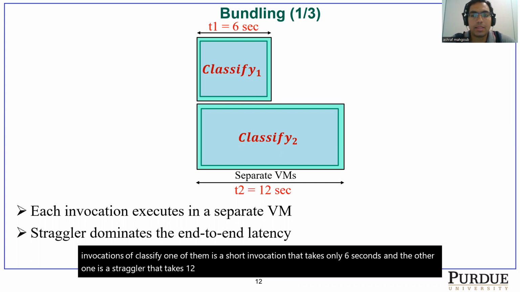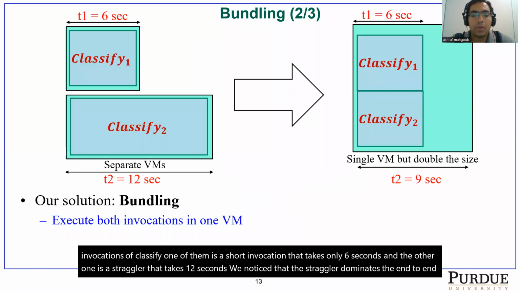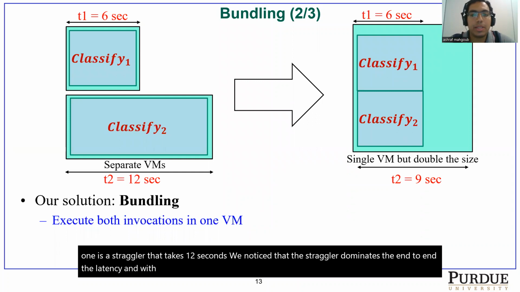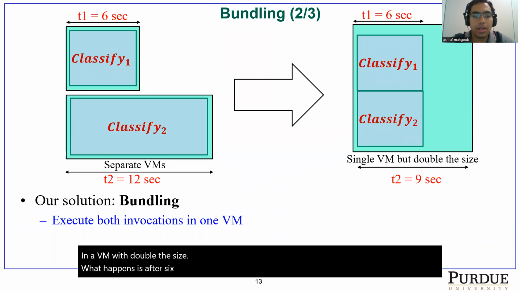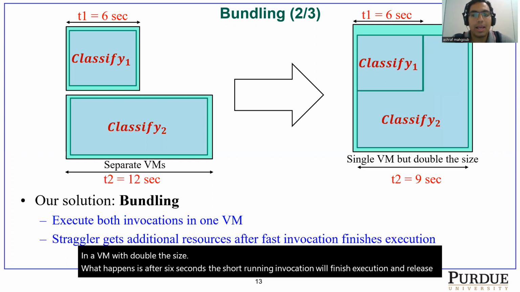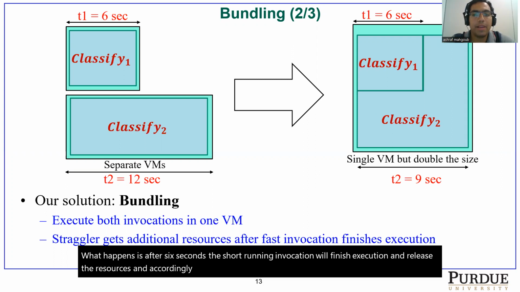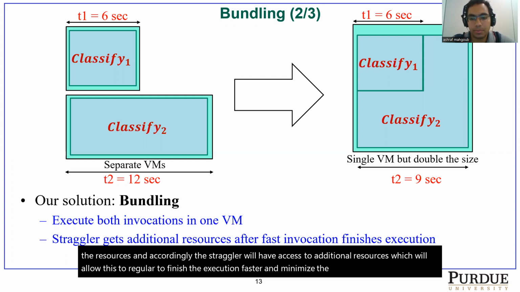We notice that the straggler dominates the end-to-end latency, and with bundling, what we do is execute the two functions together in a VM with double the size. After 6 seconds, the short-running invocation will finish execution and release the resources. Accordingly, the straggler will have access to additional resources, which will allow it to finish the execution faster and minimize the end-to-end latency.